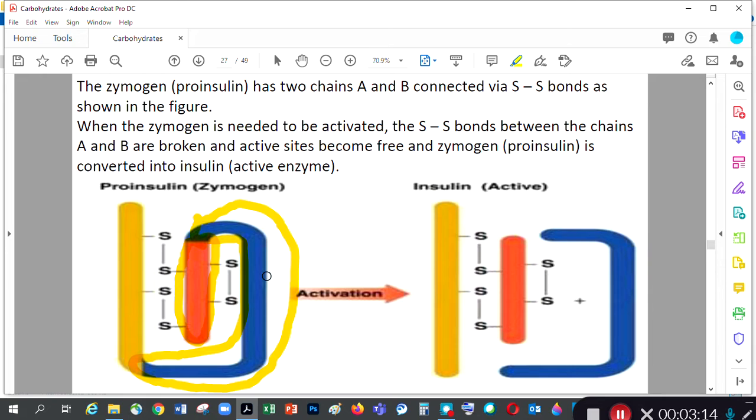In order to activate this zymogen as an insulin to release to the bloodstream to control the high sugar content, this bridge has to be broken, and chain B is released free, and chain A is released free. So they are not connected to each other, and therefore we can speak about active insulin. So this is part of the covalent modification.